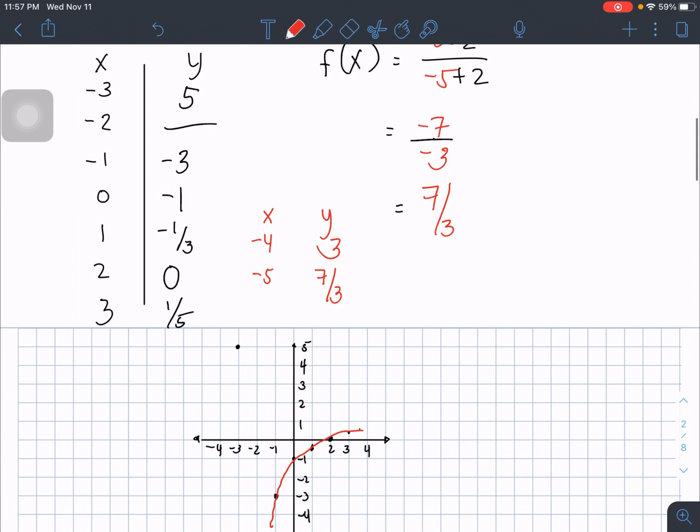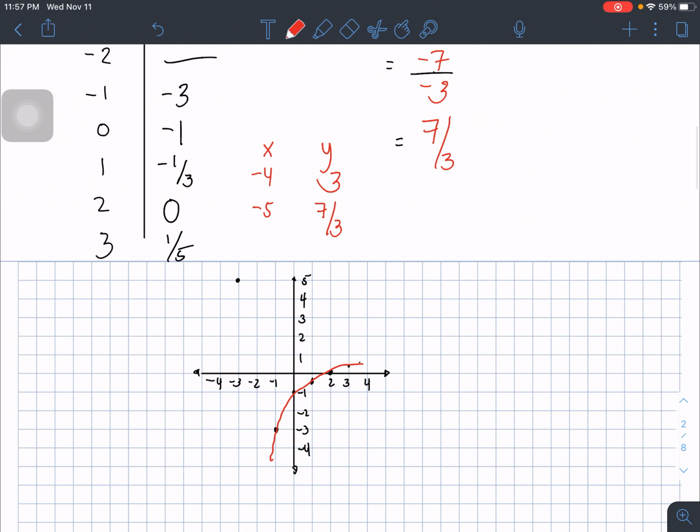Okay, so let's try to plot again the points. So negative 4 will be at positive 3. And negative 5 will be 7 over 3, somewhere around here. So as you could see, our graph was oriented in this direction.